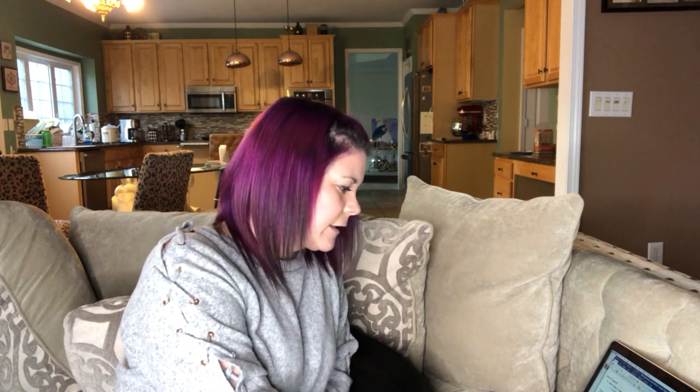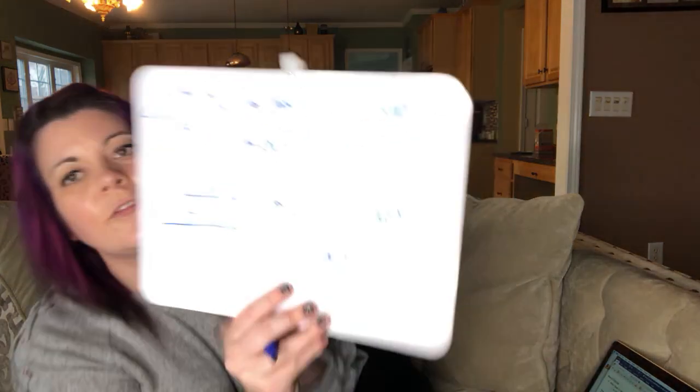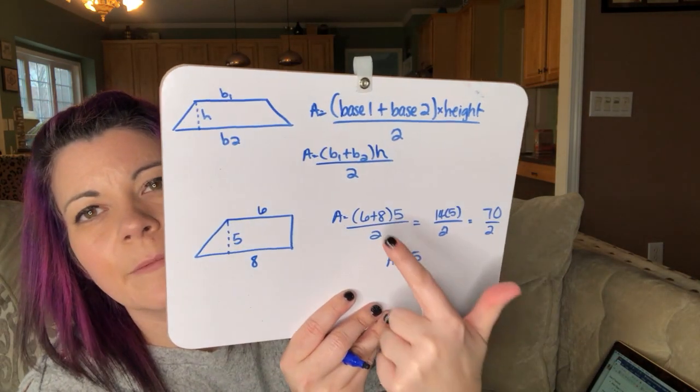So area equals base 1 plus base 2 multiplied by the height, all divided by 2. So I'm going to continue to solve for that. And area is 35. So here is my original expression.